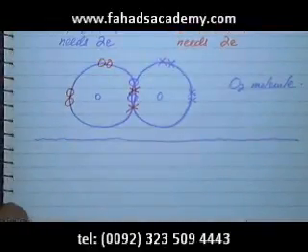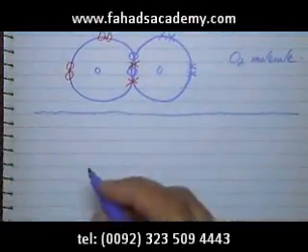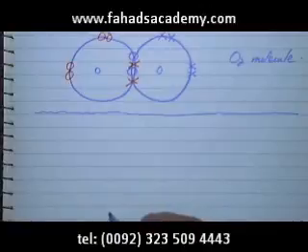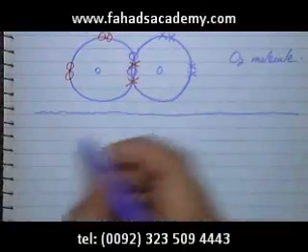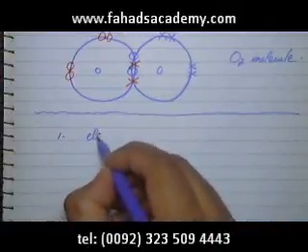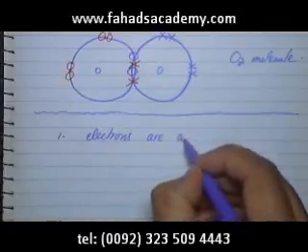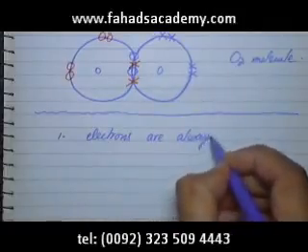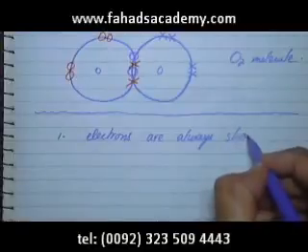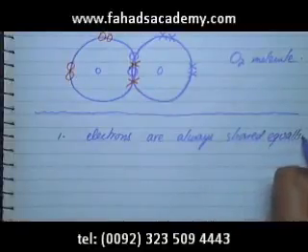Now, there are certain rules that we can come up with which would help us in drawing the dot and cross diagrams for covalent substances. The first rule is that electrons are always shared equally.